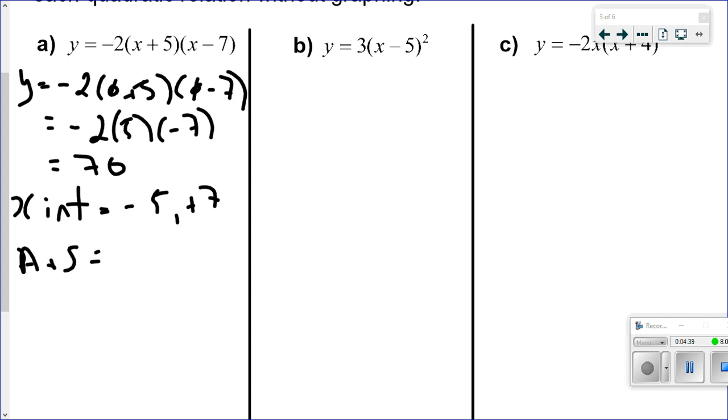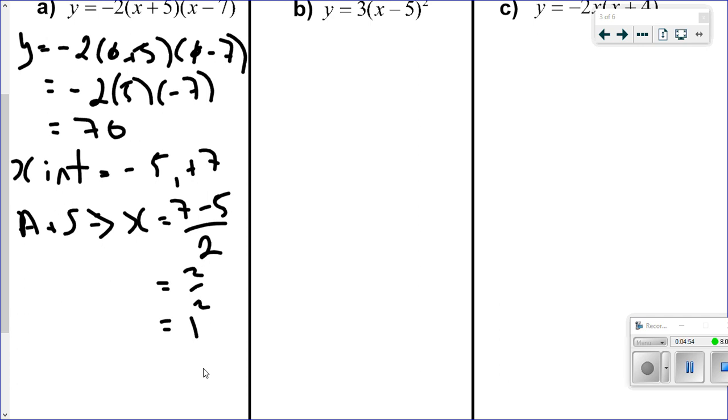Axis of symmetry. So x equals 7 minus 5, because I think that's how we're all comfortable looking at it. That will be 2 over 2, which equals 1. So now we're going to take the formula and we're going to substitute 1 in wherever x is.